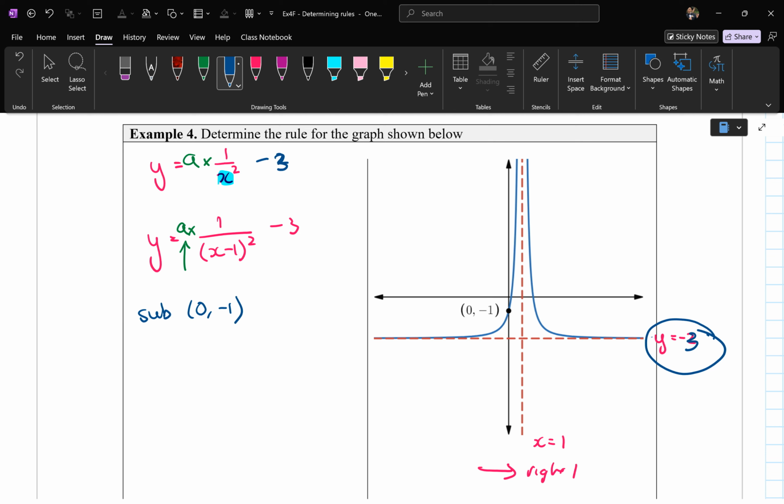So let's put it all together. y is -1. A, which you don't know, times x, which is currently 0, minus 1 squared, minus 3.